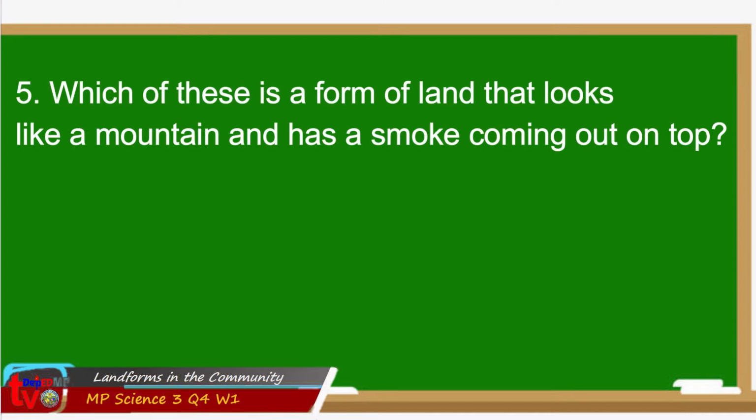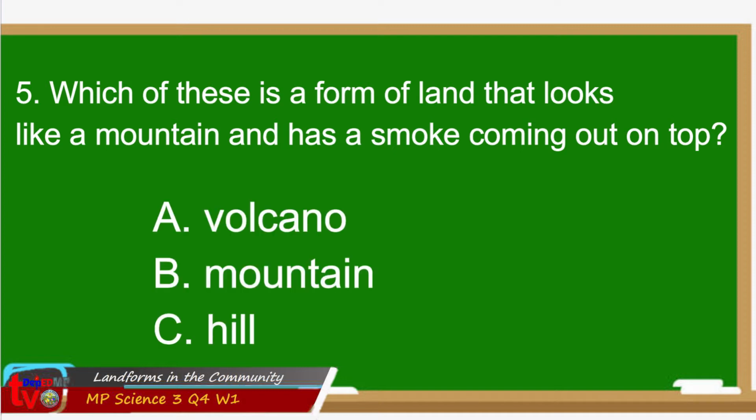Number 5. Which of these is a form of land that looks like a mountain and has smoke coming out on top? Letter A, volcano. Letter B, mountain. Letter C, hill.